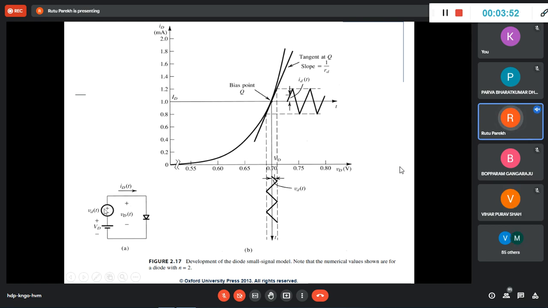Everything you are doing is because you want to process the signal of your interest. For example, right now I am speaking into a microphone. We amplify the microphone signal, right? It's not that we rectify it, but any small signal out of a sensor is very weak. In some cases the current is in milliampere or the voltage is in millivolt.